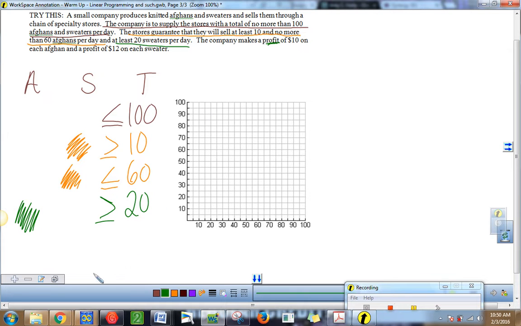So they make a profit of $10 on Afghans, $12 on sweaters. And there's no total with that, right? There's no total that goes with that. So that's the equals your profit.